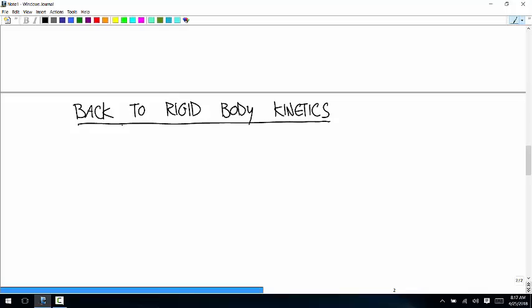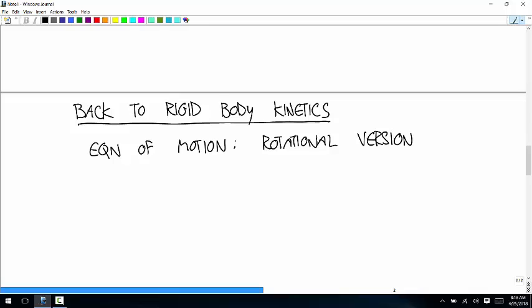And in rigid body kinetics, the main equation of motion is this rotational version of Newton's second law, I'm going to call it. No one else calls it that, but that's what I'm going to call it.